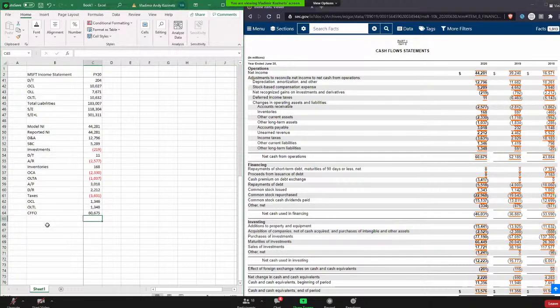I think on the cash flow statement, the most important part is the cash flow from operations: how does that compare to the net income? Where is the cash coming from, and how is it being used? When the net cash from operations is higher than the net income, that's a very, very healthy sign in a company. So yeah, that's that.